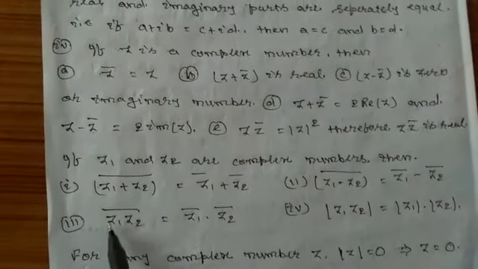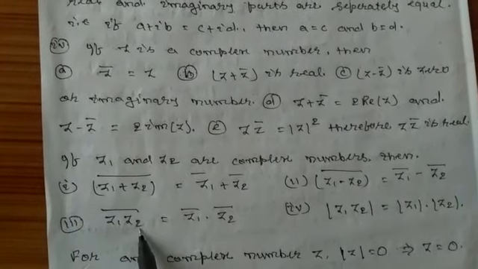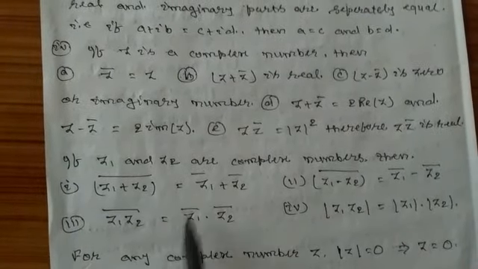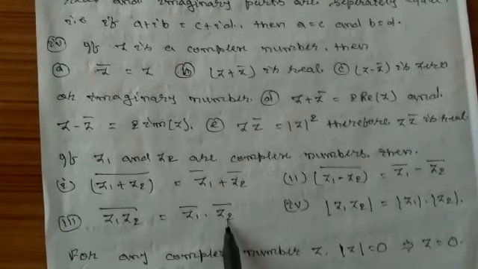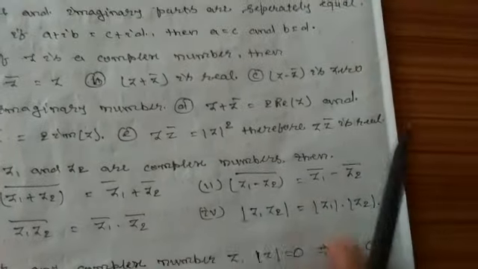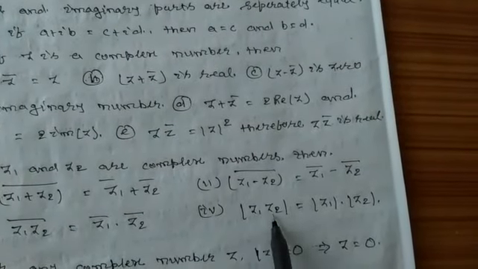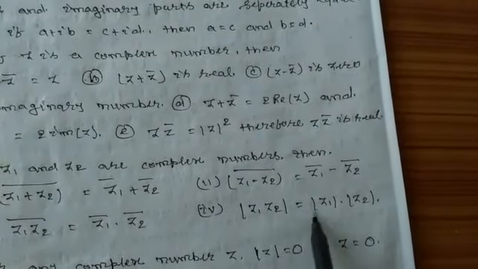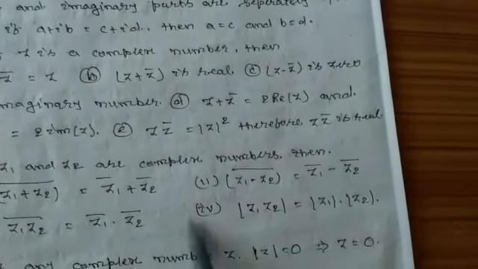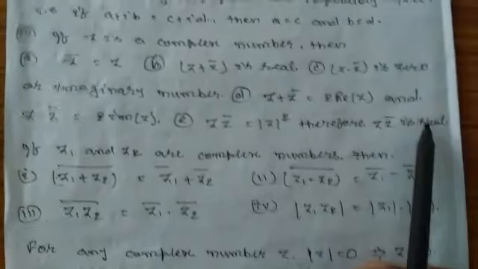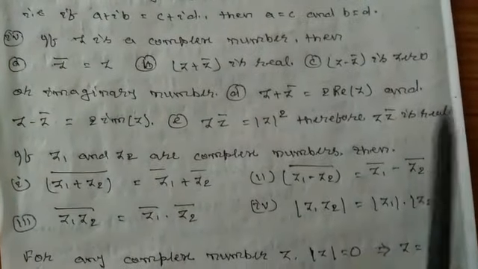Third, conjugate of z1 into z2 equals conjugate of z1 into conjugate of z2. Thereafter, modulus of z1 into z2 equals modulus of z1 into modulus of z2.